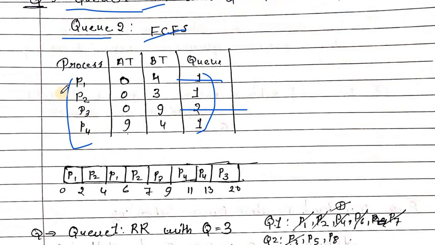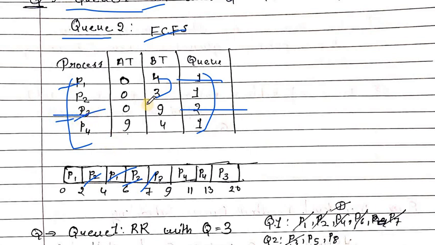So first P1 will execute, then P2, then again P1, then again P2, then P3. Here P1 and P2 have burst time 4 plus 3, which is 7. After 7 units of time, P3 gets a chance for execution.